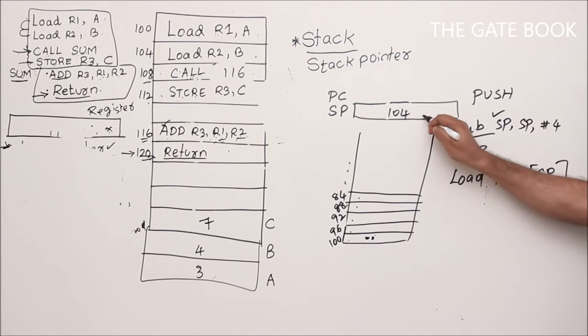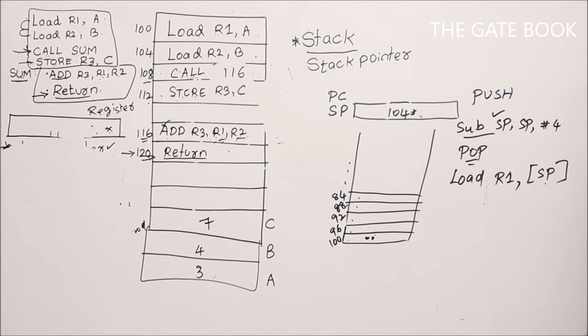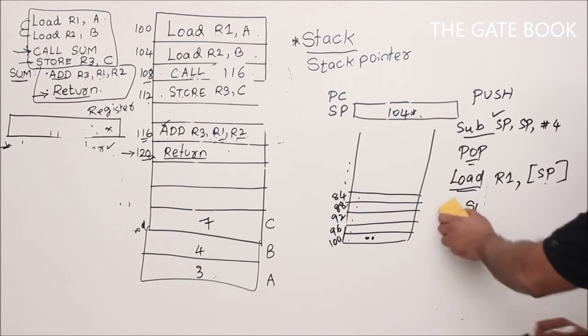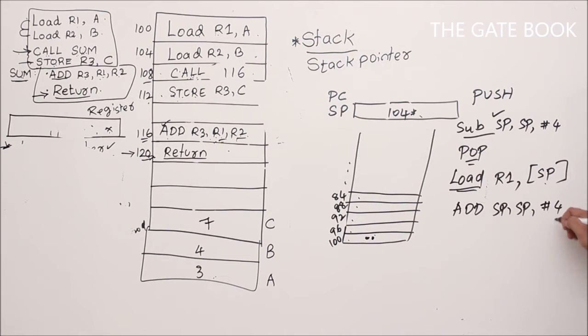Go to the stack pointer, there will be a memory address, go there, and you get the top of the stack. Once you take it, then we have to increment the stack pointer. For that we use an instruction, add stack pointer hash 4, correct? In that way we can increment and decrement the stack pointer, and we can implement pop and push operations, correct?